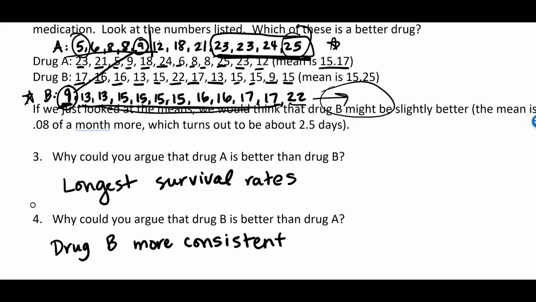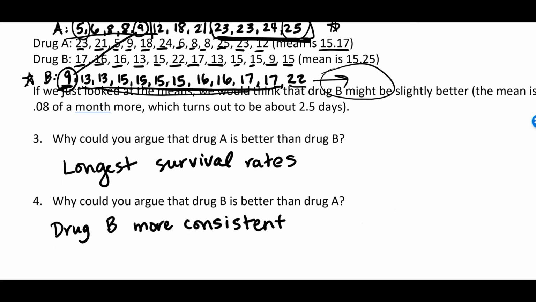A lot of it comes down to your risk tolerance, whether you like to gamble, what you're aiming for. Either way, we could argue drug A is better because you might live longer, you might live 2 years or more. Or we could argue that drug B is better because at least you get a year. It's more consistent. So it depends on what you are looking for.